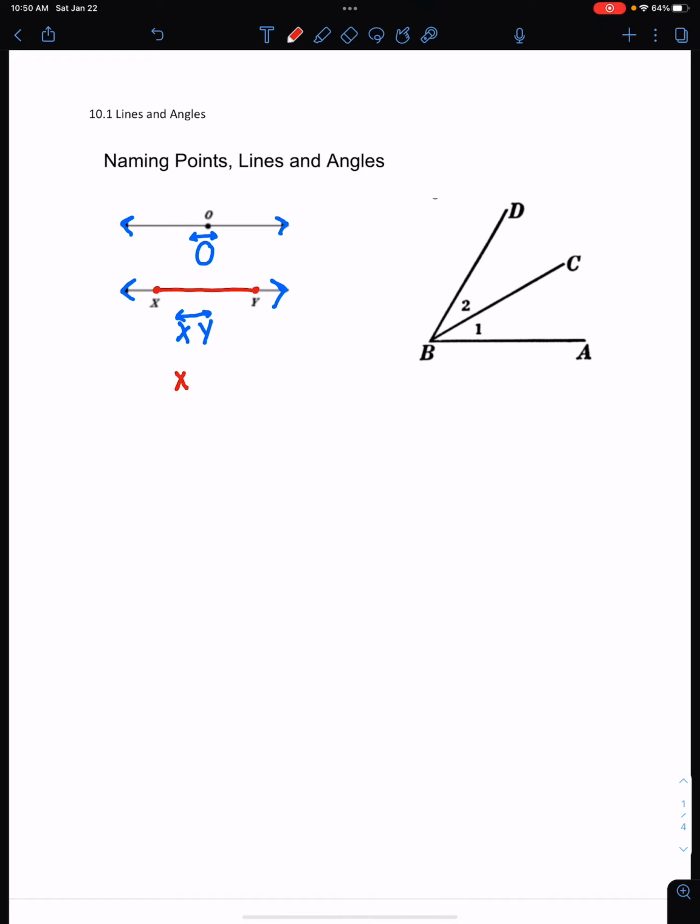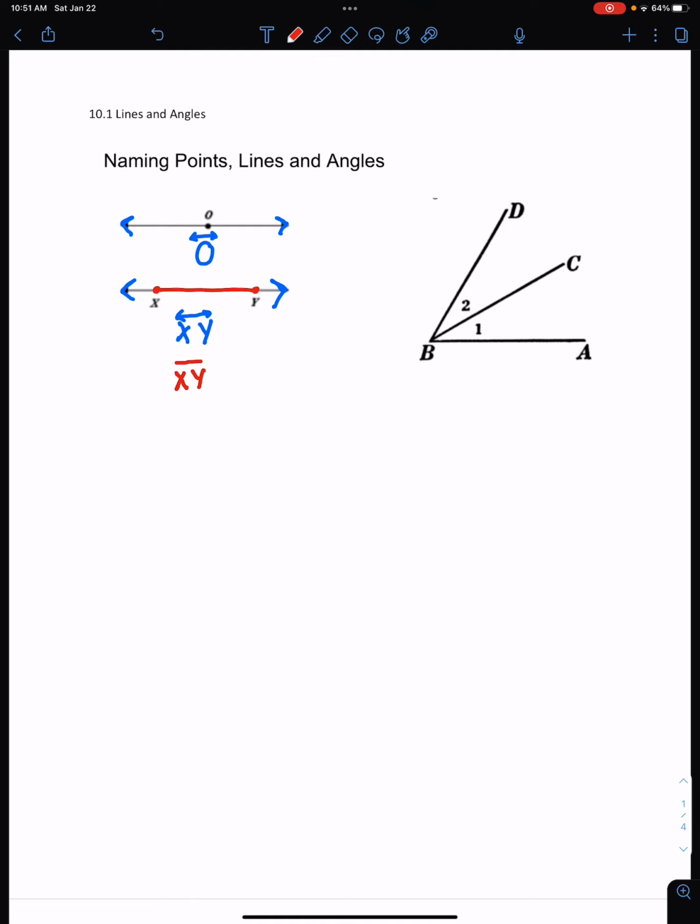So we could differentiate line segment XY from line XY by just not putting those arrows on the ends of our symbol. Just a little differentiation there for you.